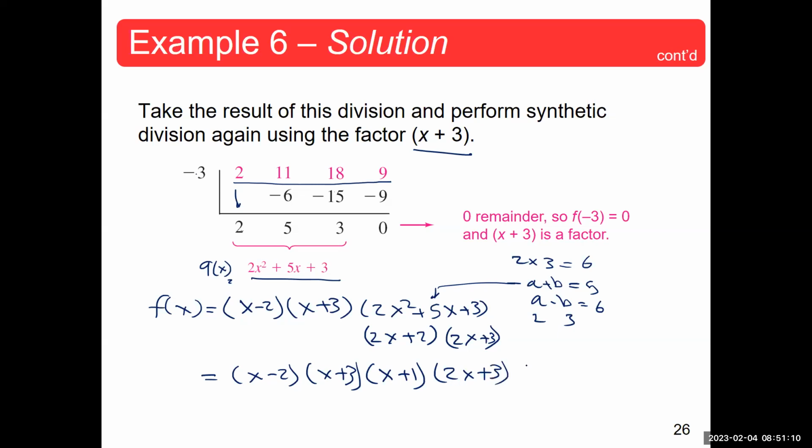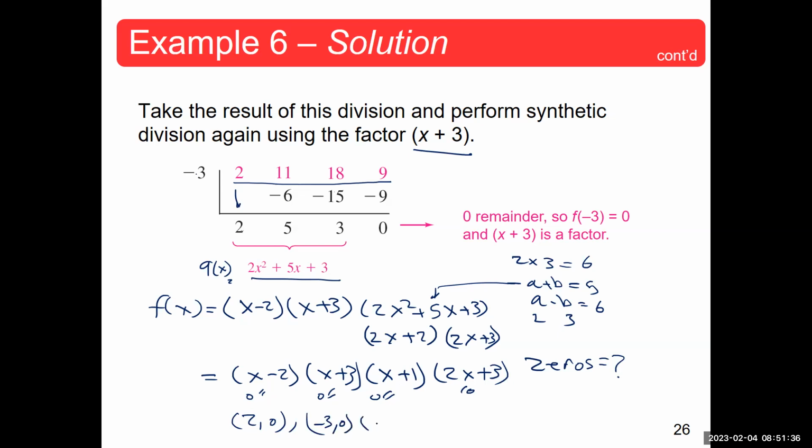Now, what are the zeros? You set each one equal to 0. You said this, x equals 2. Now, here x equals -3.